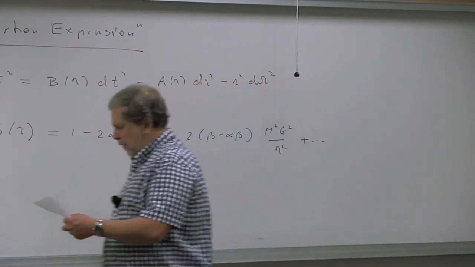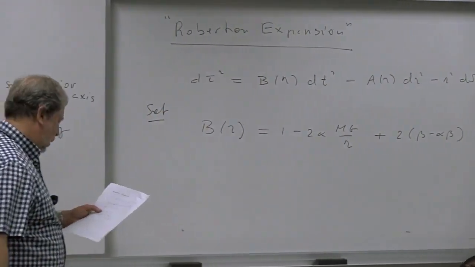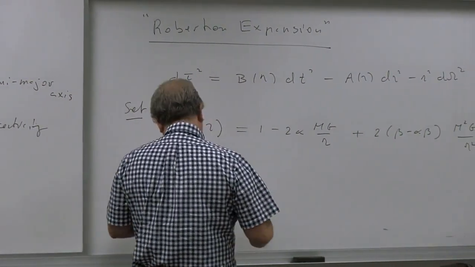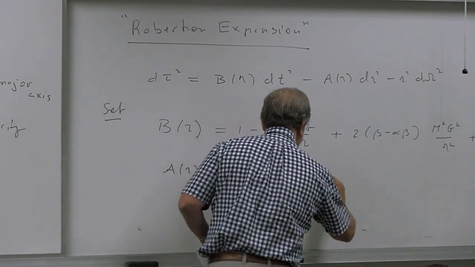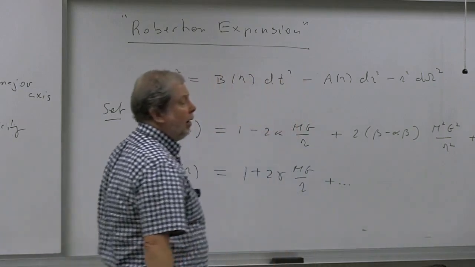And similarly, set A of r equal to 1 plus 2 gamma times mg over r plus dot dot dot.